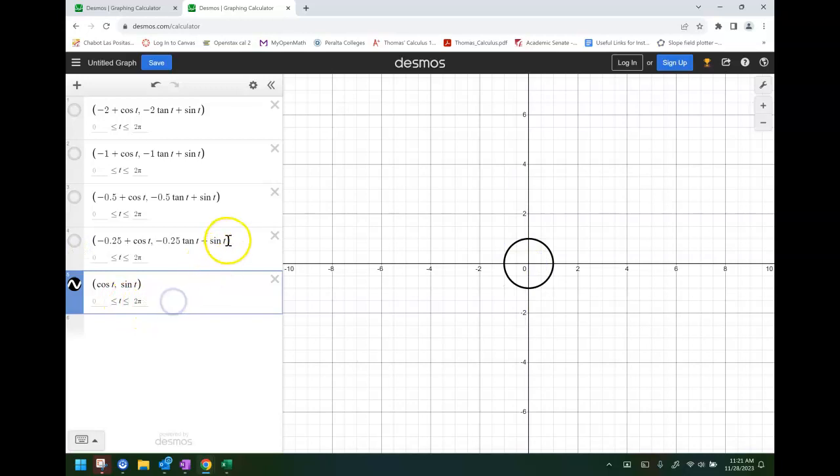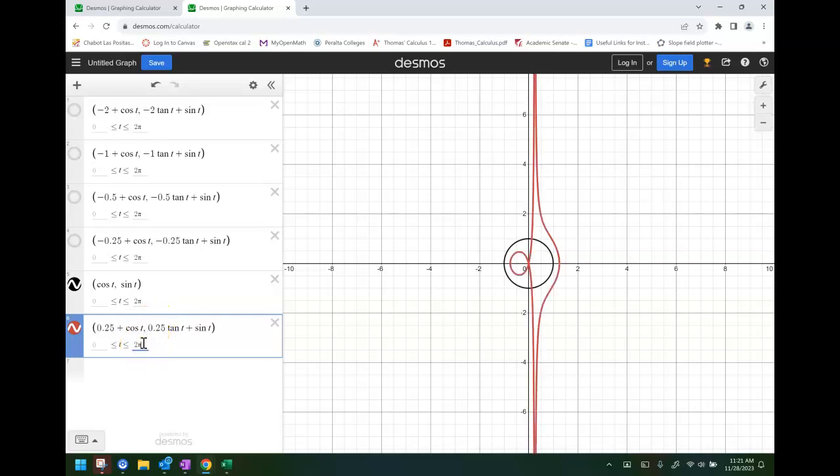Let's see what happens when a becomes positive, say positive 0.25. So the loop here now points to the left. And let's see what happens when it's equal to 1.